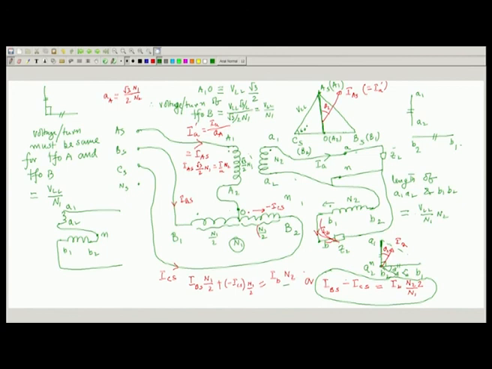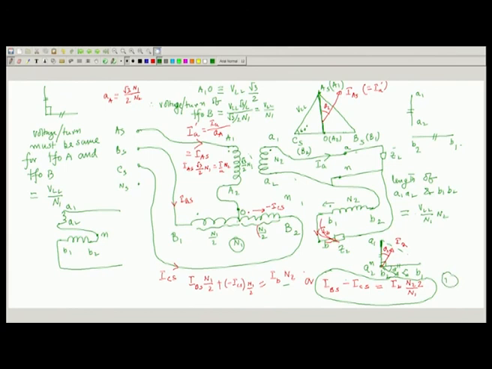So, IBS, but this IBS is up to this point n 1 by 2. So, IBS into n 1 by 2. Now, what about this portion? You have assumed this current to be ICS. So, I can always presume minus ICS is flowing and this is dot. So, this MMF plus this MMF must be equal to this. So, this is one equation.